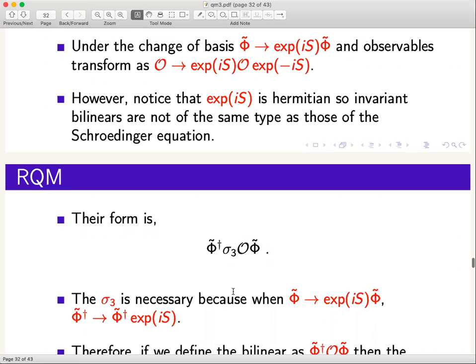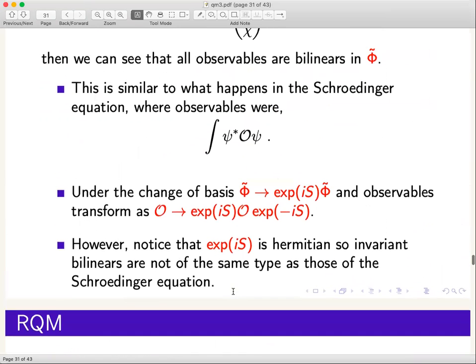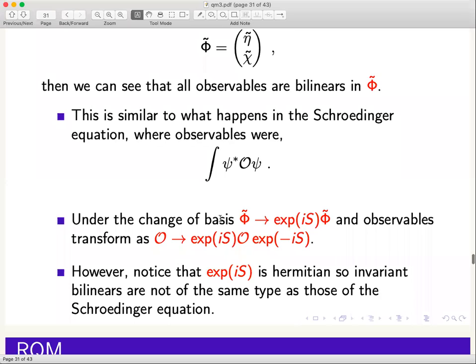I am still under the assumption that O transforms in the unitary case, in the Schrodinger case, in the previous slide, in that particular fashion because that exponential iota s is a unitary matrix. No. Suppose it is a unitary matrix. You don't need a psi star in the Schrodinger representation to figure out how O transforms. Just look at O times psi and multiply by e to the is.